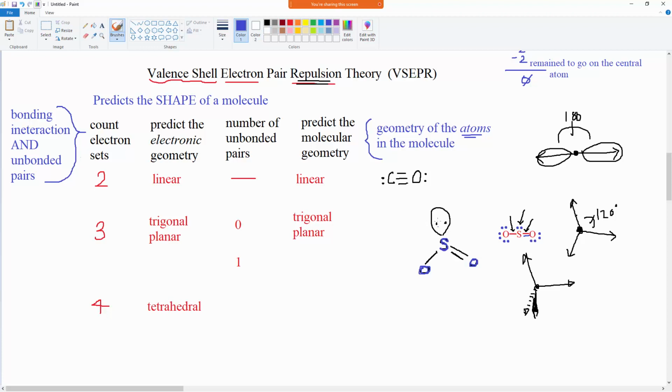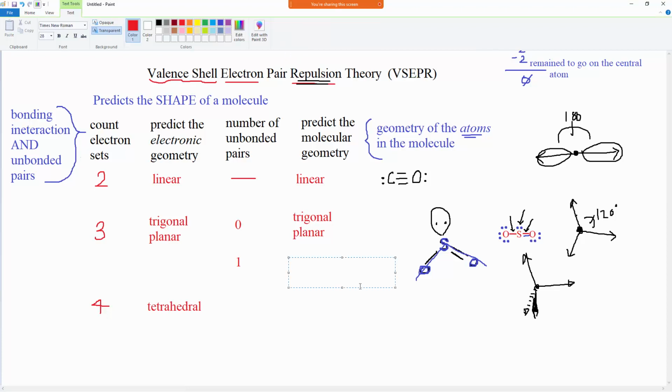Now it's important that the lone pair is there because it's pushing these other guys down, and I have to remember that. But if I'm looking at just the atoms, then the shape of this ends up looking like a bent line. Do you guys see that? So my molecular geometry for SO2 here is going to be bent.